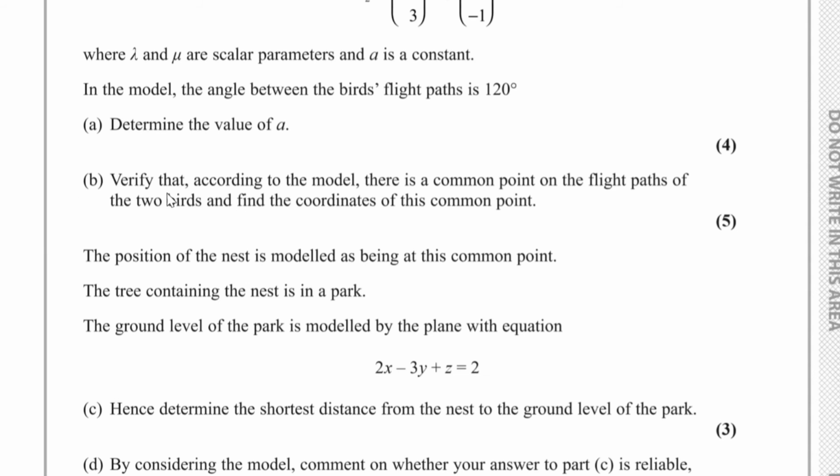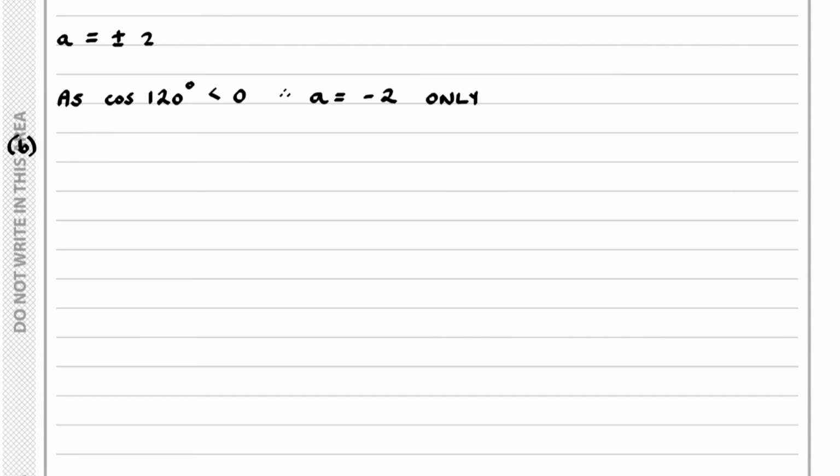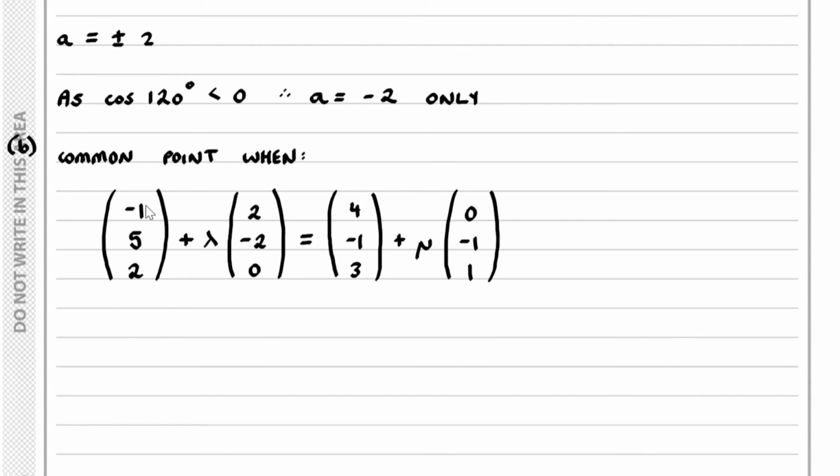Now, for part B, we have to verify that, according to the model, there is a common point on the flight paths of the two birds, and we have to find the coordinates of this common point. The common point occurs when r1 equals r2, which means we've got r1, minus 1, 5, 2 plus lambda times 2, minus 2, 0 equals 4, minus 1, 3 plus mu times 0, minus 1, 1.